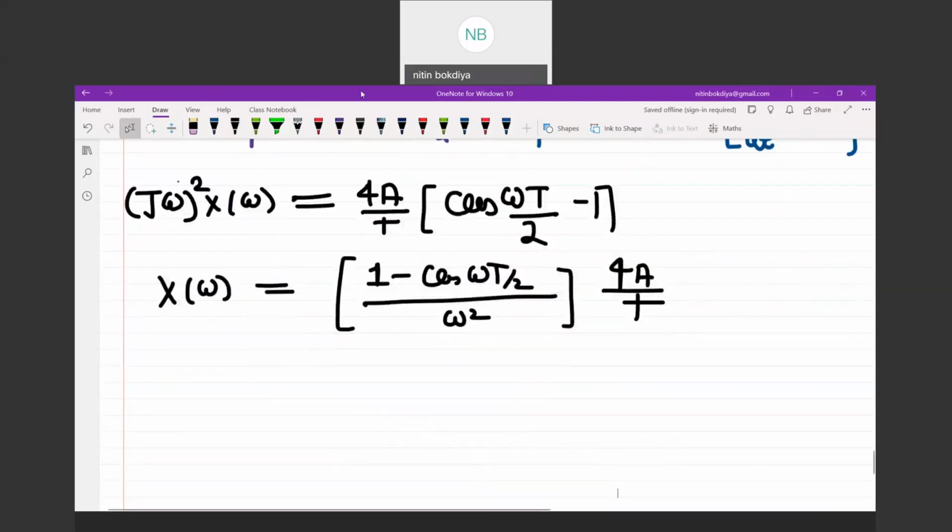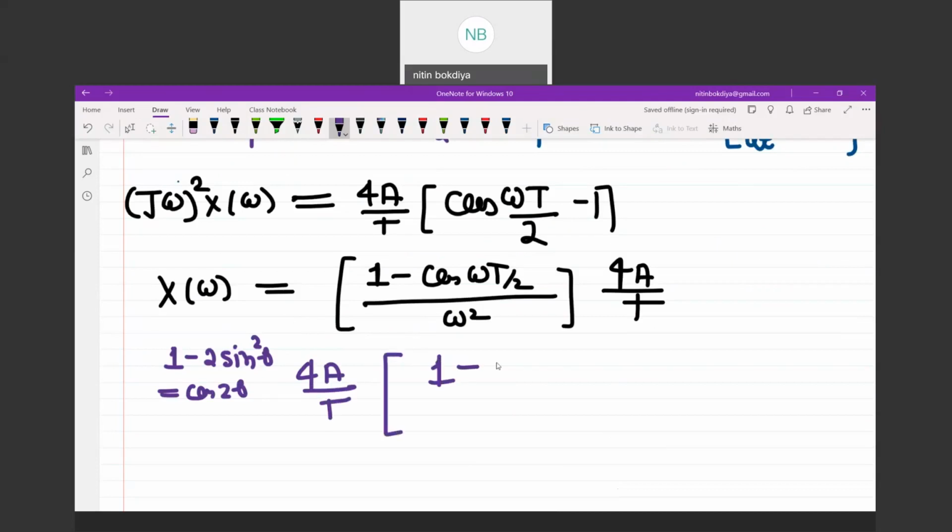Now we know that 1 minus cos θ equals 2 sin²(θ/2), since cos 2θ equals 1 minus 2 sin² θ. So with 4a/t common, this is 2 sin² of θ/2, which is ωt/4, divided by ω².